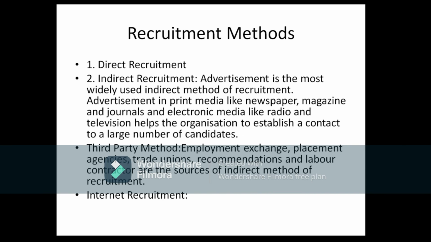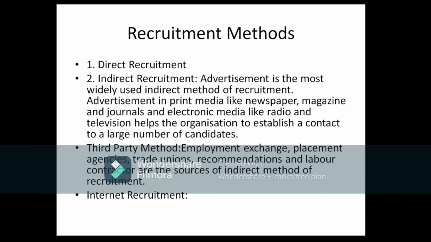Second is indirect recruitment, where the company is not having any direct contact with the candidate, but they indirectly inform about the vacant positions, right? The source the company uses in this method is advertisement, either in print media like newspapers, magazines and journals, or in electronic media like radio and television, that help the organization to establish the contact with a large number of candidates.